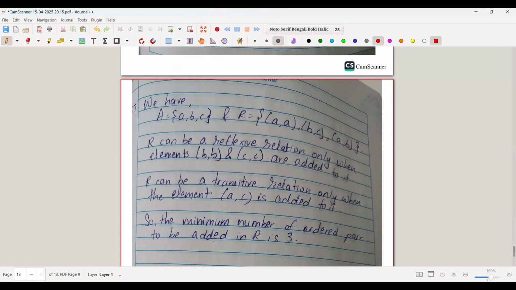The minimum number of pairs required is 3. And why do we have to add (a, c)? Okay, (a, b) is here and (b, c) is here, so we have to add (a, c).